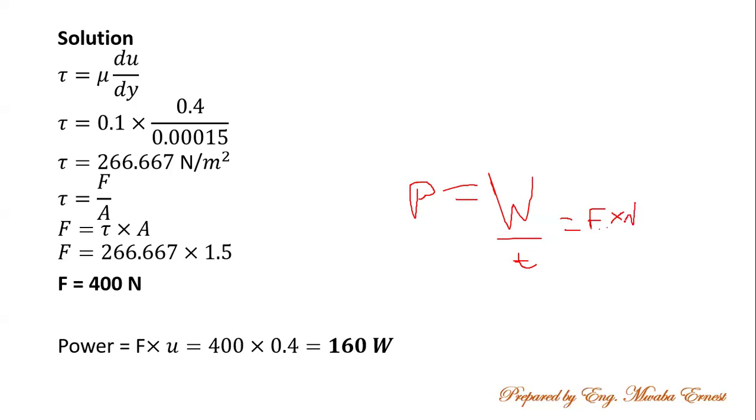Then I still have the t here. So this last part here is representing my velocity. So this is force times the velocity. In this case, it's the initial velocity. So force times velocity. So what do I have? It's 160 watts.